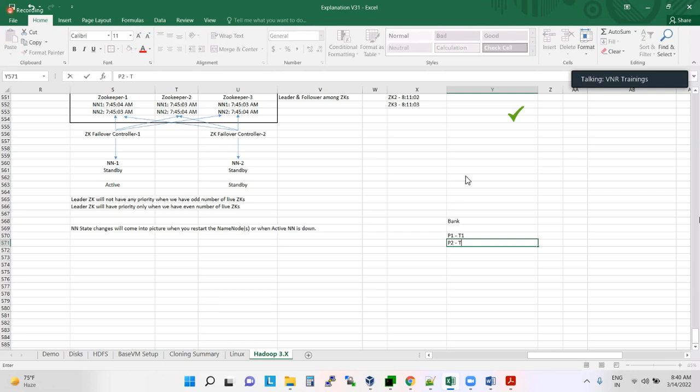Person 2 came inside and has taken token 2. Person 1 came at 9:45 and has taken token 1. Person 2 came at 9:50 and has taken token 2. Now, the bank will start by 10 o'clock.